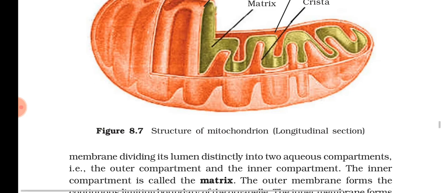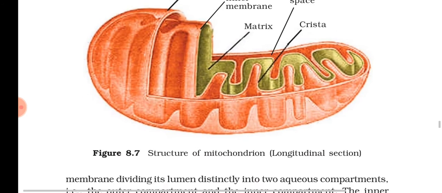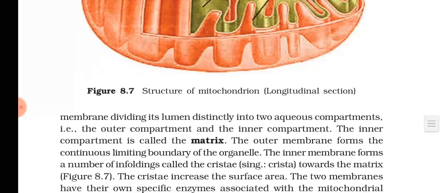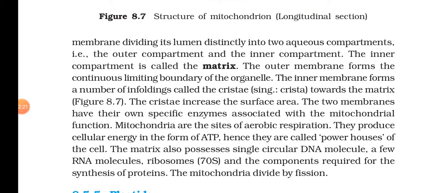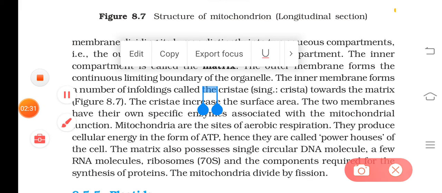The inner compartment is known as the matrix, and the outer membrane forms the boundary of the organelle. The inner membrane shows a number of infoldings or folds, and those foldings are known as what? The cristae.